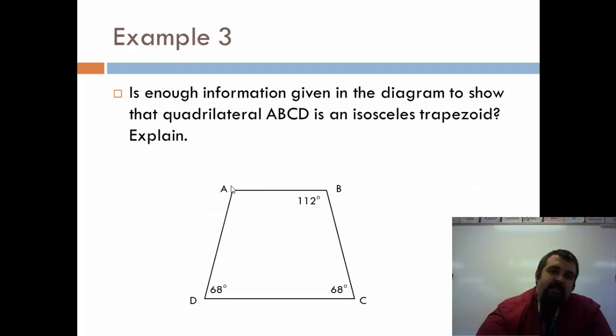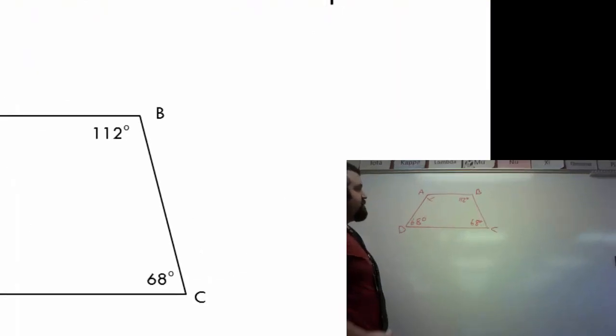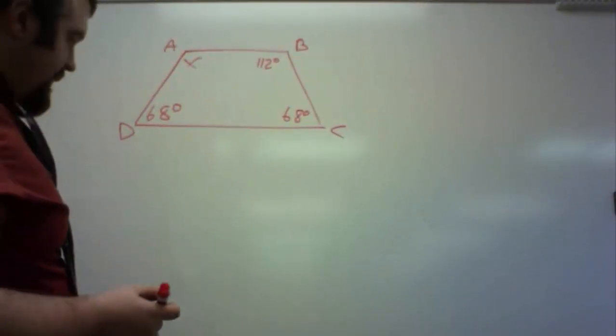Alright, and the last one: is there enough information given in the diagram to show that quadrilateral ABCD is an isosceles trapezoid? Explain. I'm going to redraw this while you attempt it. So the key thing I'm missing here is what x is. So let's find it real quick.